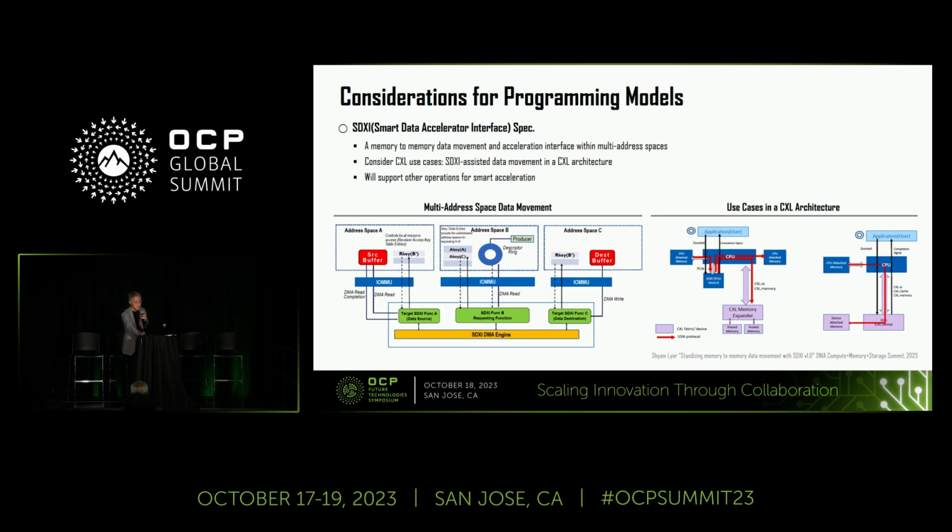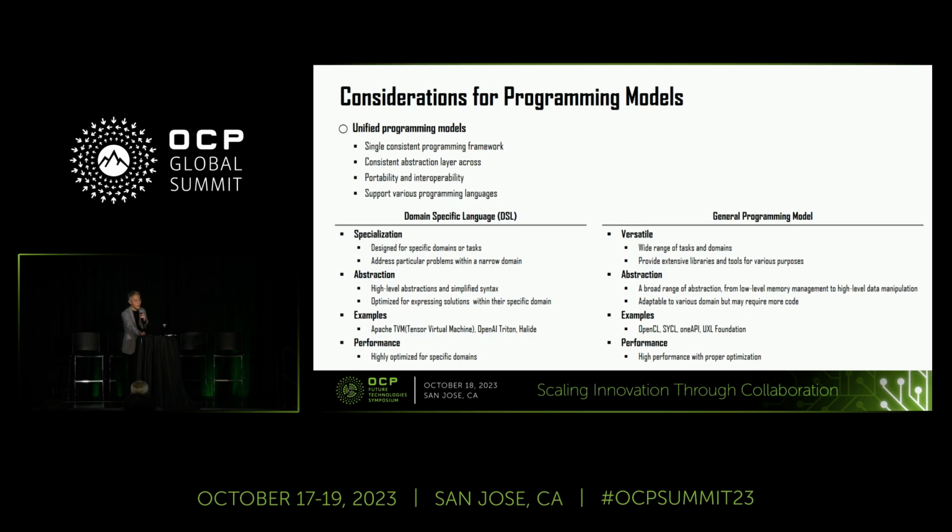I know SNIA began to discuss integrating it in the CXL architecture also. Or unified programming models might be required, like CUDA in NVIDIA GPU programming. We may need heavyweight, serious programming models, maybe.